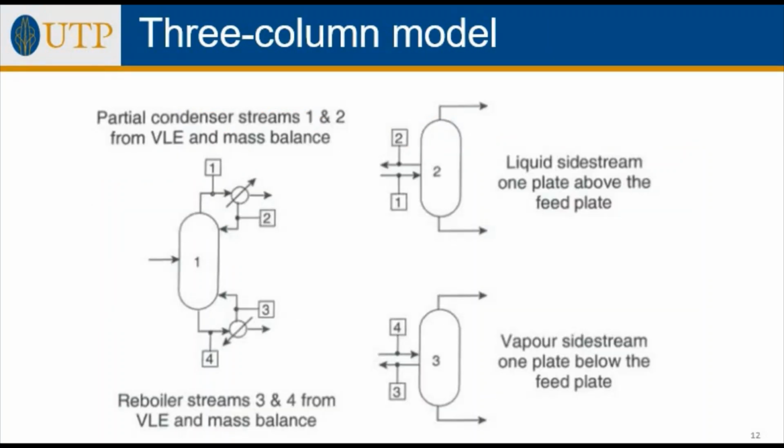Let us look at this three-column model. Column 1, 2, and 3. In column 1, a partial condenser, streams 1 and 2 from VLE and mass balance, will be fed into column 2, whereby the liquid side stream is one plate above the feed plate. On the other hand, the reboiler, containing streams 3 and 4 from VLE and mass balance, will be fed into column 3 as a vapor side stream, which is one plate below the feed plate.